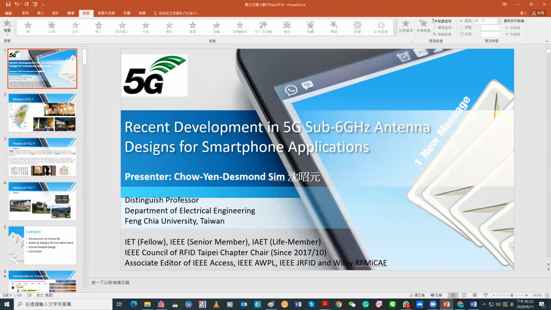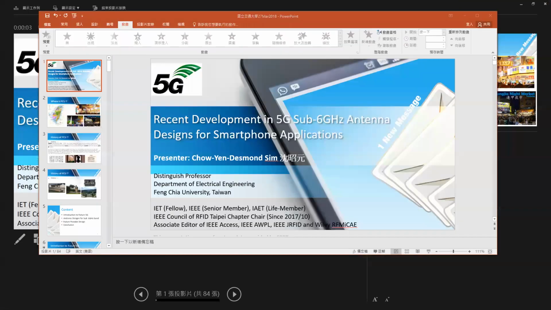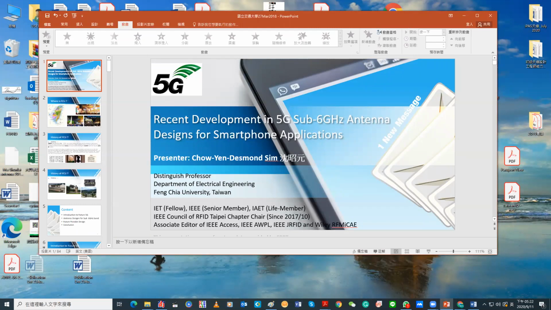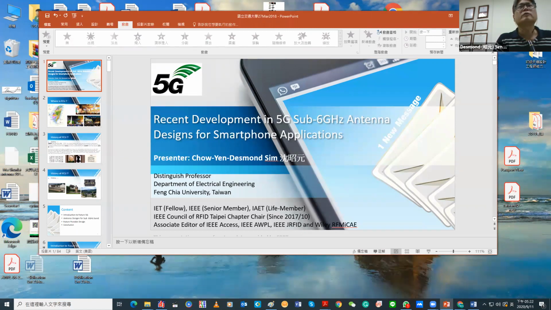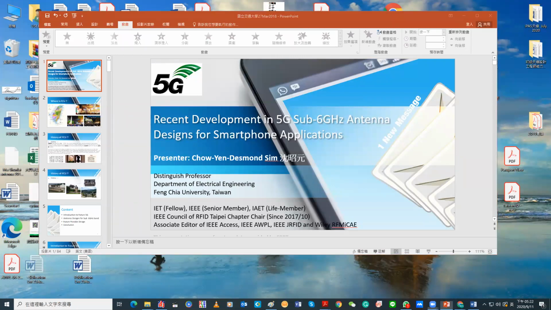Sir, you can press F5 and then it will come. Now you can minimize the right side window. No problem, sir, you can just make it full screen, from the bottom side.